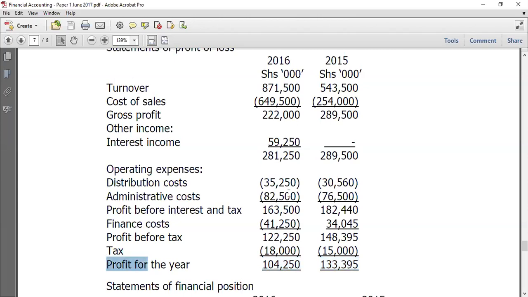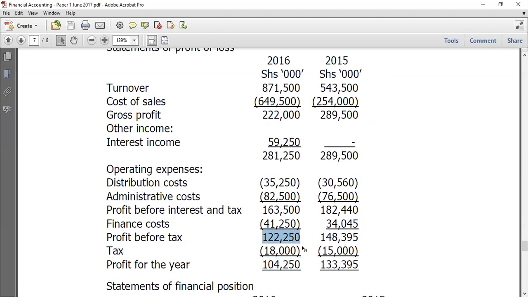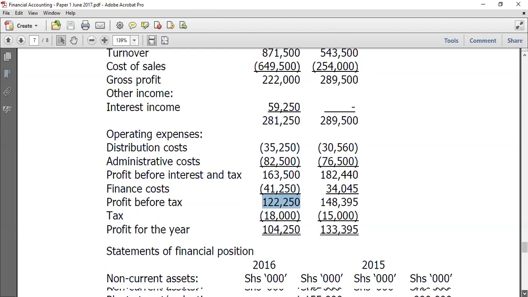So this is where you would pick your profit for the year that you actually need to include here. You see this profit before tax that you start with is what you do. Now, if you're preparing a cash flow statement for 2016, you definitely take the profit of 2016, okay? But remember, they told us that we start with the one of profit before tax, so you actually use the 122,250 to start, okay?